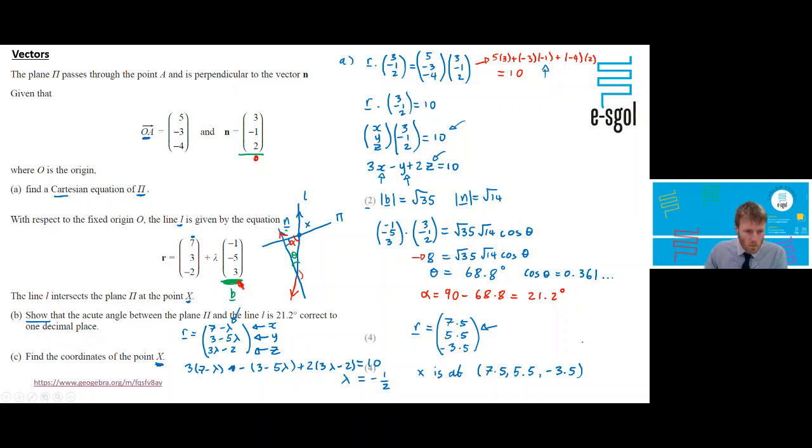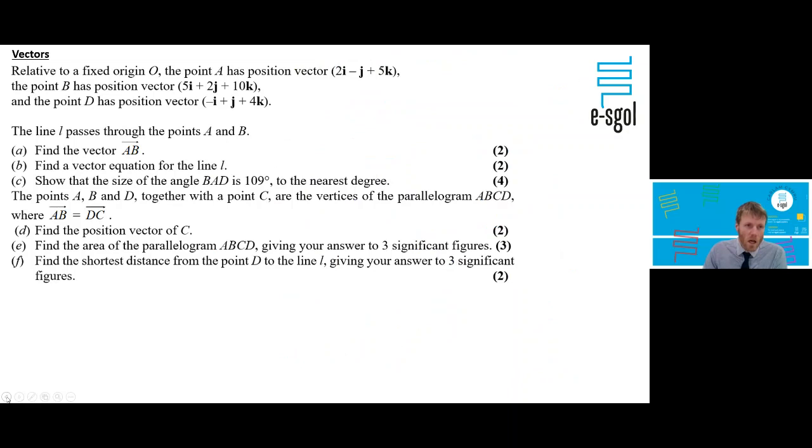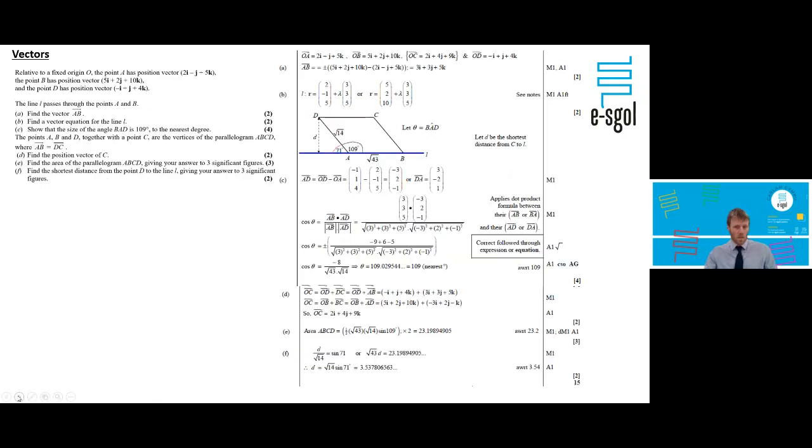Now, on the next slide, if I jump forward 2 slides, there is an exam question. I'll just pause on that one. And if I skip to the next slide, there's the mark scheme for it. This one's slightly different to ones that the WJEC might ask. It's an Edexcel question.